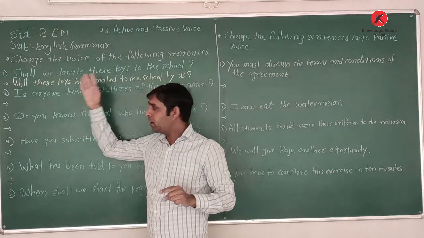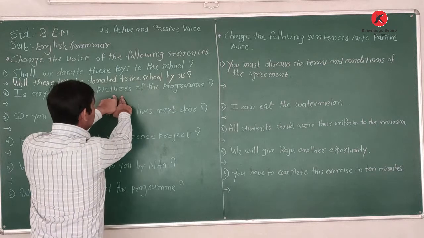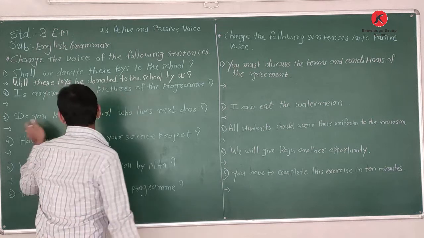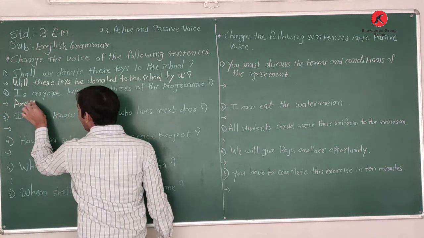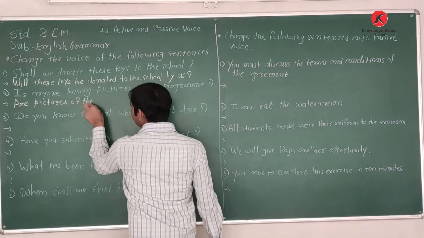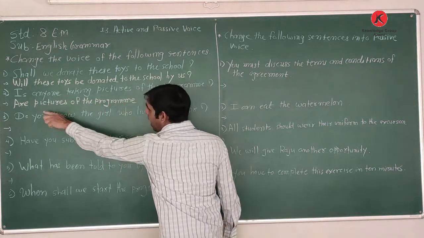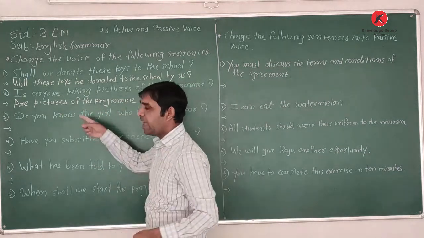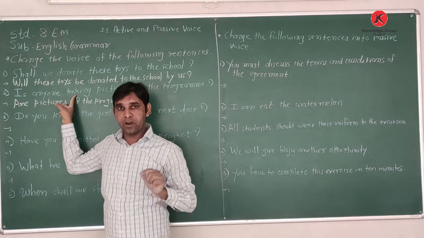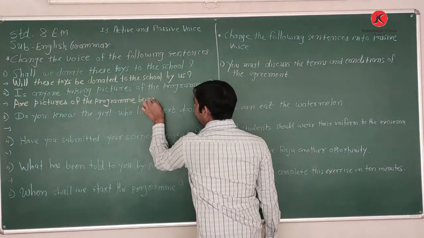According to this object, we write the to be form. Pictures, so many pictures, means the object here is plural. So we write the plural to be form: are pictures of the program. Then in the continuous tense we add one word: being.